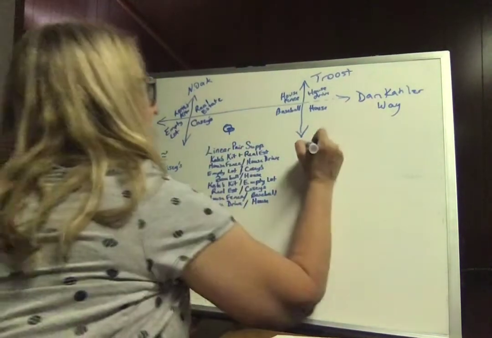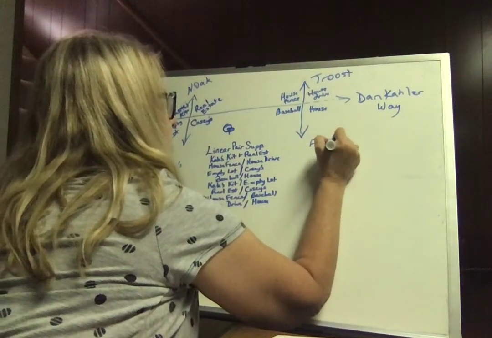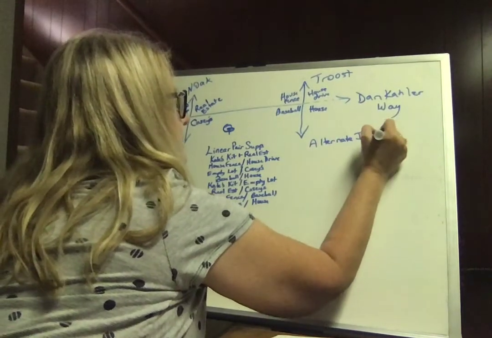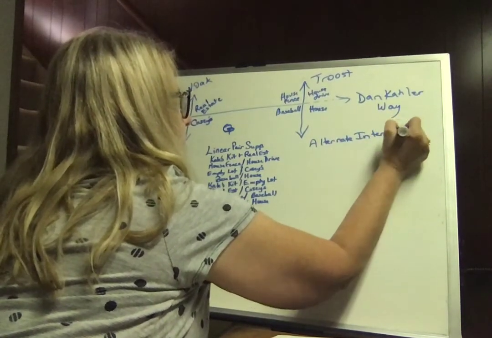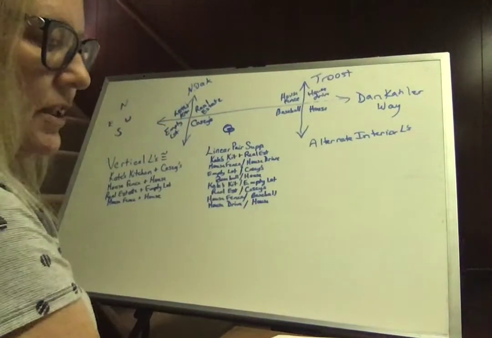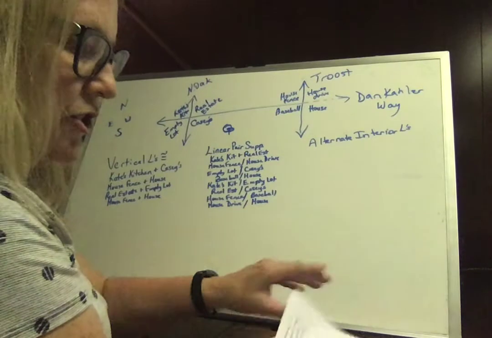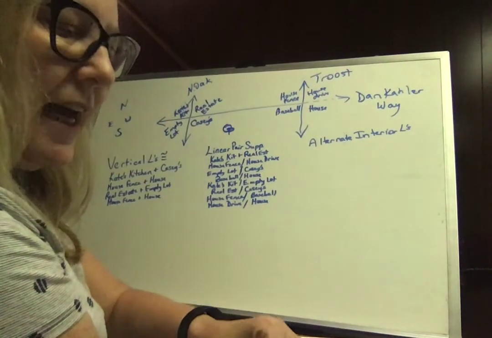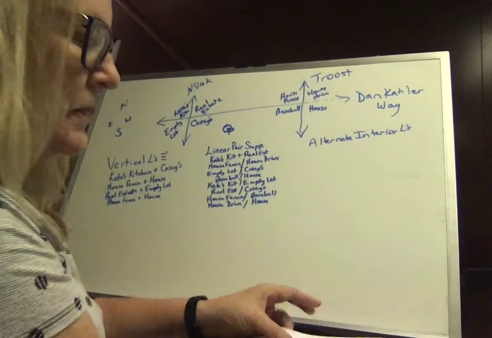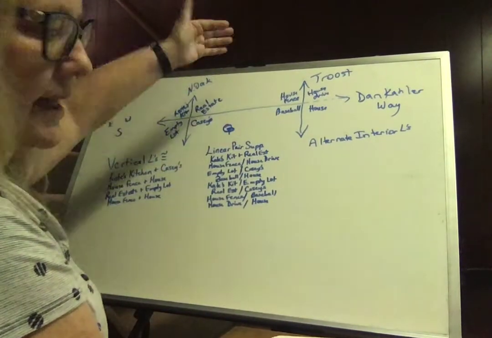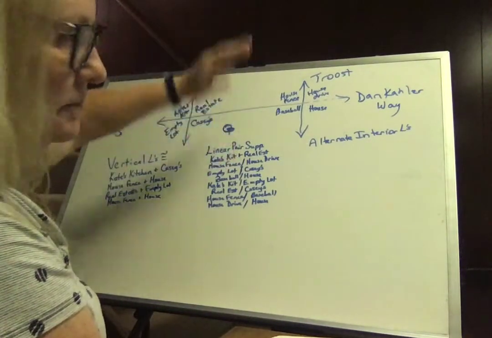So the first we're going to look at is alternate interior angles. Alternate interior. And first, they're going to alternate, one side of Dan Kaler Way and one in the other.